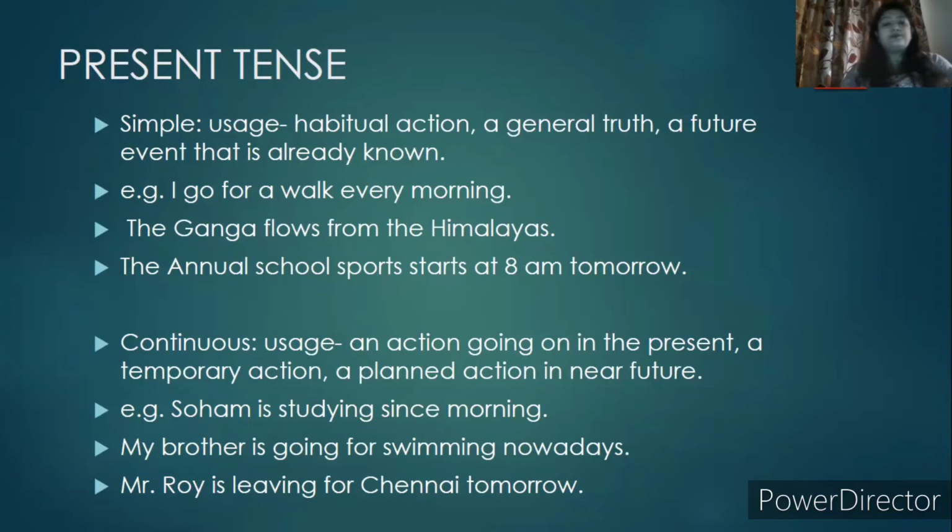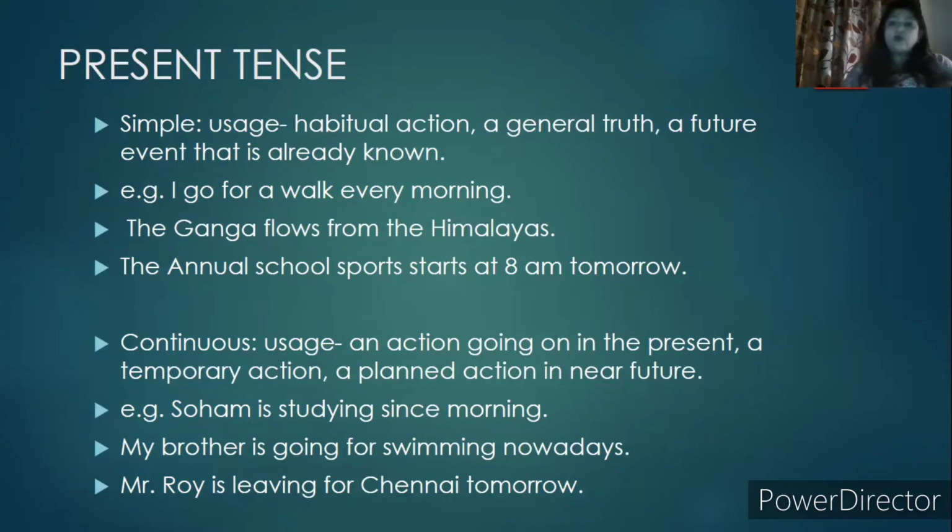Let's see how. The annual school sports starts at 8 a.m. tomorrow. The Rajdhani Express leaves at 4 p.m. from Howrah station. So all these things are known to us, although it is going to happen in the future. So these are the three ways that we use simple present tense.